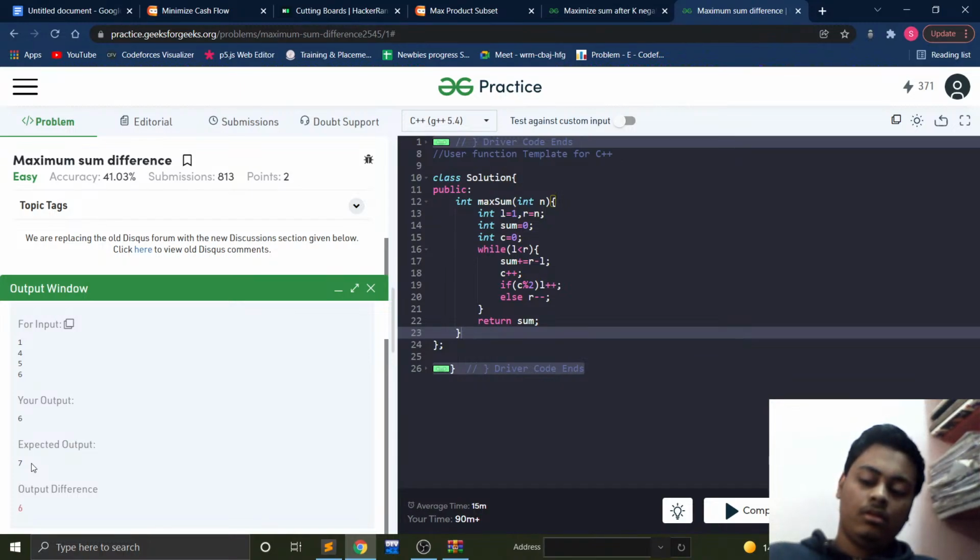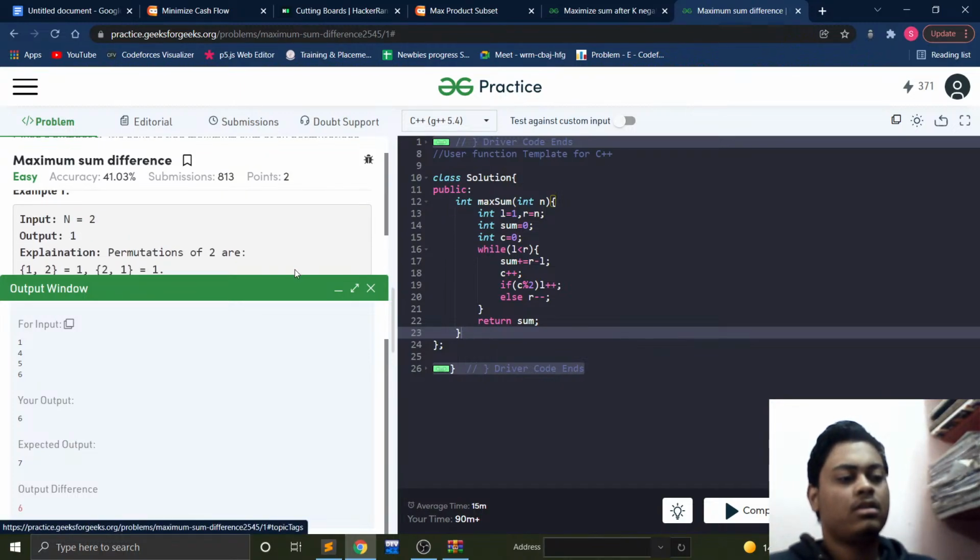Expected output 7. Have I misread the question?